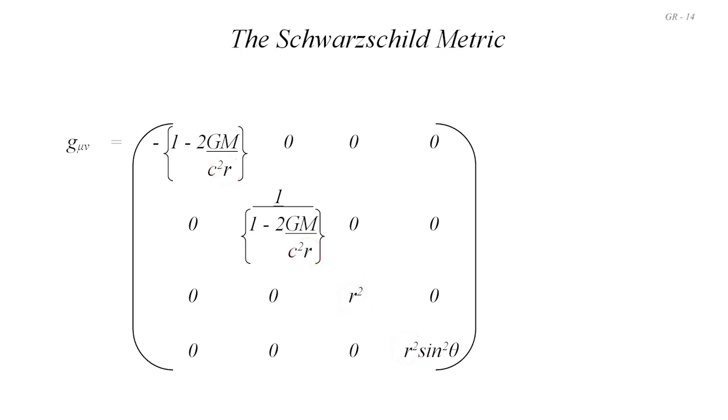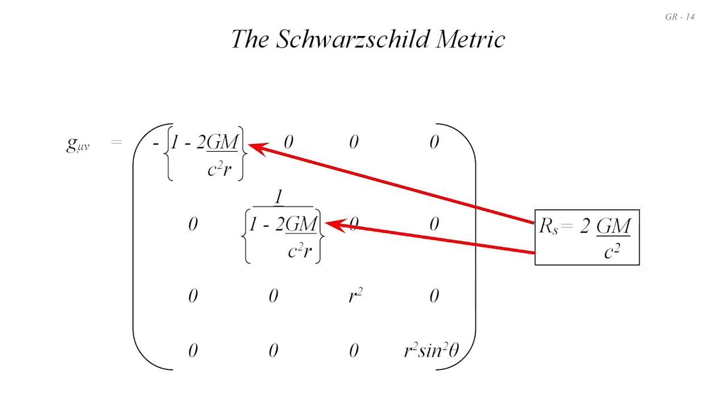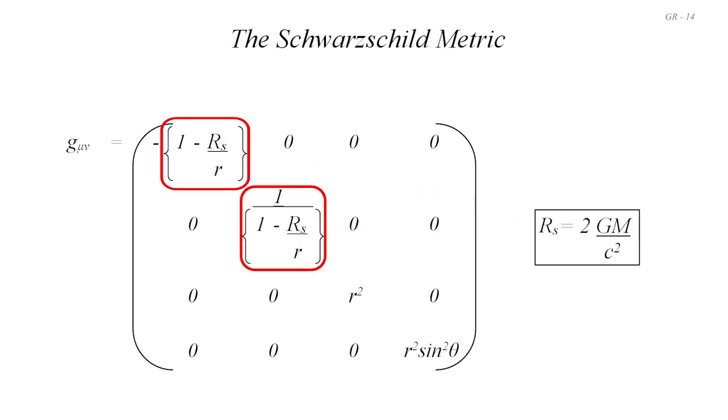This metric tensor varies with position, and the only changes in position that we're thinking about are in the radial direction r. We also define the Schwarzschild radius rs as 2GM over c squared, so that by substitution of this, the Schwarzschild metric could also be written like this, or even like this.